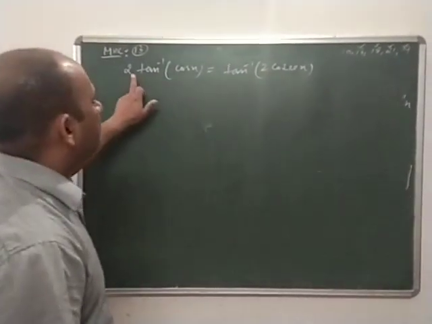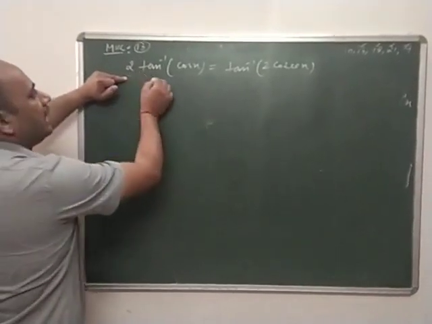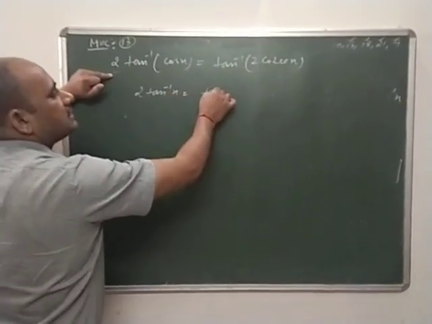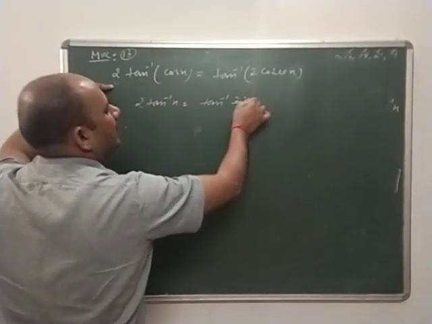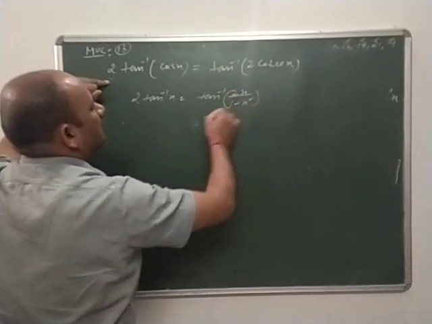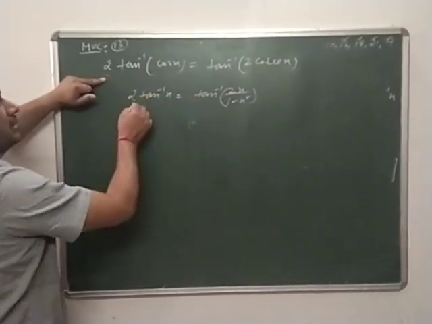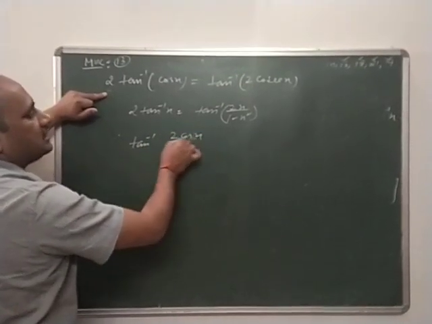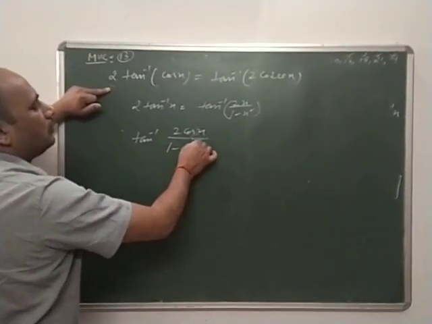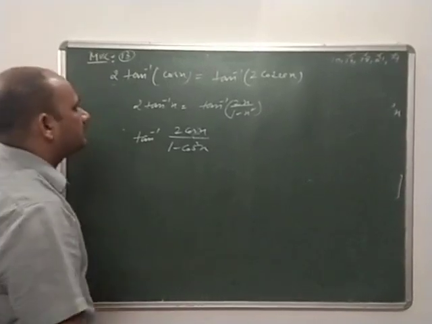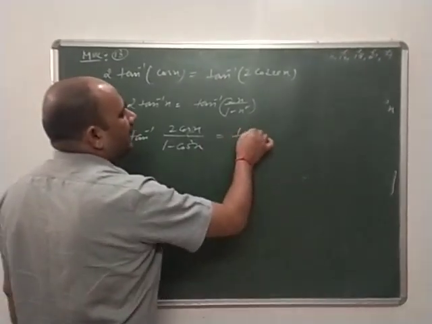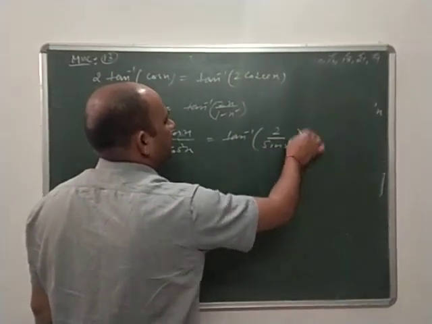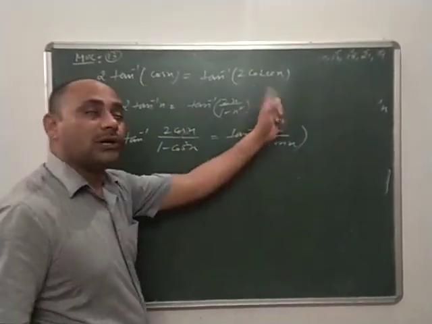Keep in mind the property of 2 tan inverse theta. Here 2 tan inverse x is tan inverse 2x upon 1 minus x square. So we will follow this property: tan inverse 2 cos x upon 1 minus cos square x. Tan inverse 2 cosecant x can be written as 1 by sin x, because here it is not inverse, only cosecant.